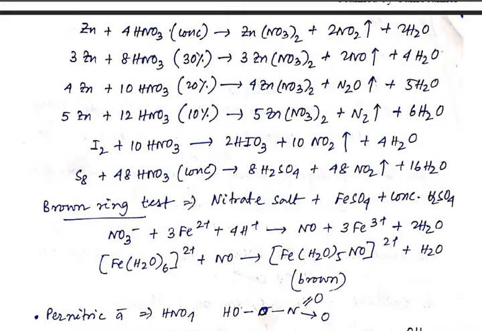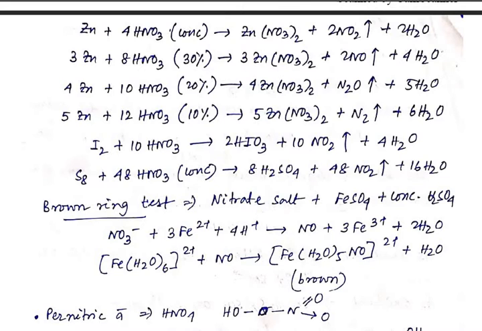If I dilute the concentration of the nitric acid from concentrated to 30% concentration, then we will get the NO, that is the nitric oxide gas. And again, if I dilute the concentration of nitric acid to 20%, then we can get the nitrous oxide, that is the laughing gas.